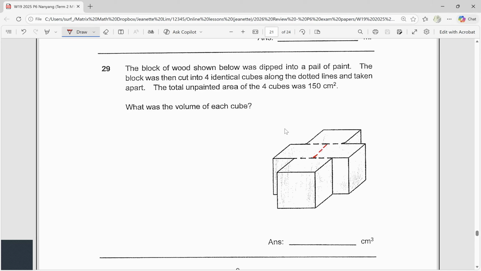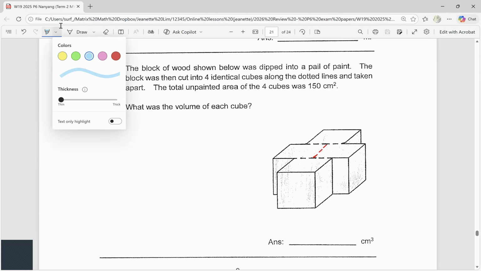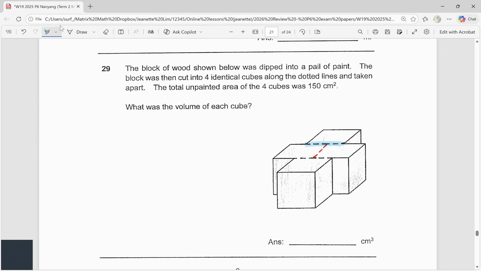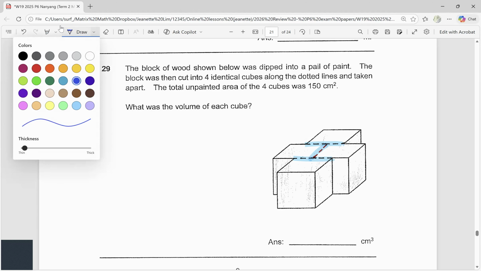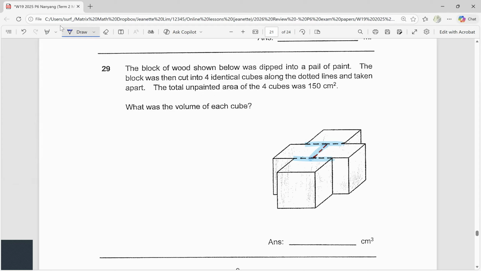Now, if you look at the lines that are being cut, these are the lines that are being cut. That is where the unpainted faces will be. For every line that we highlight, there are actually 2 faces stuck to each other.